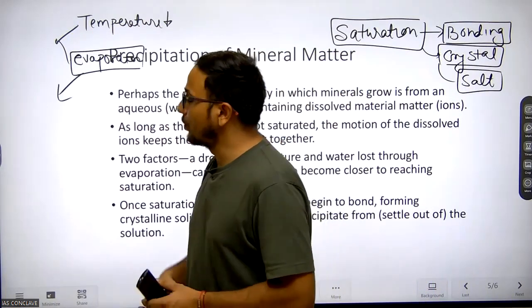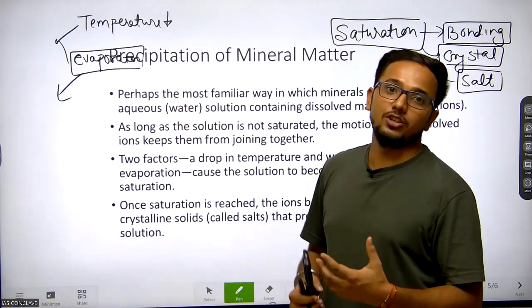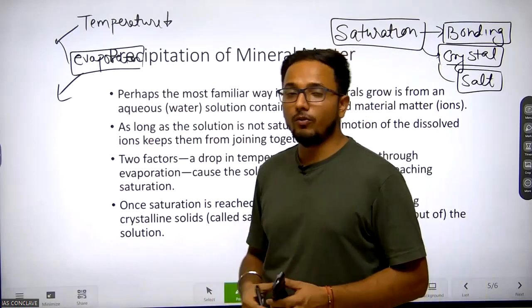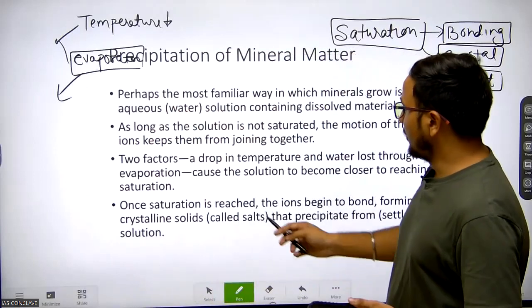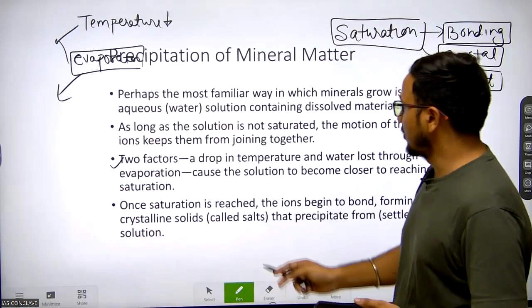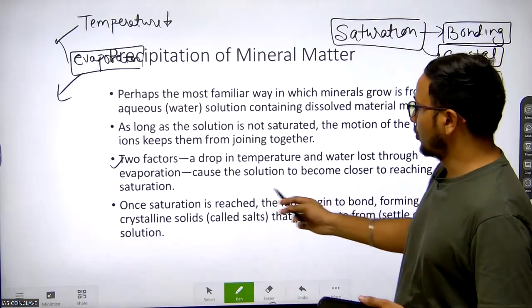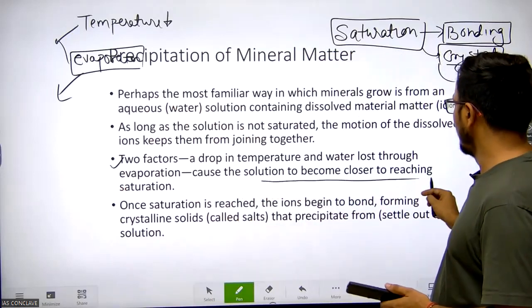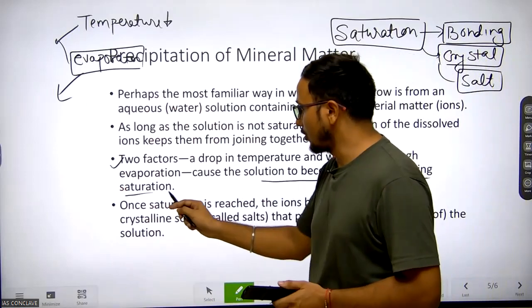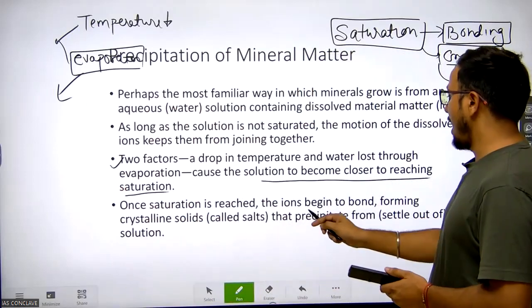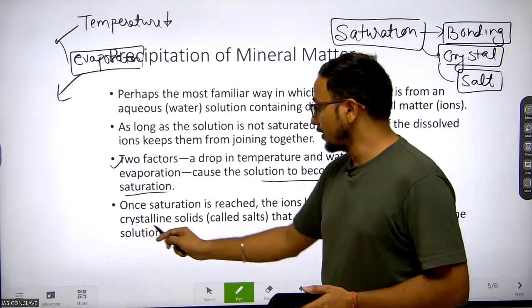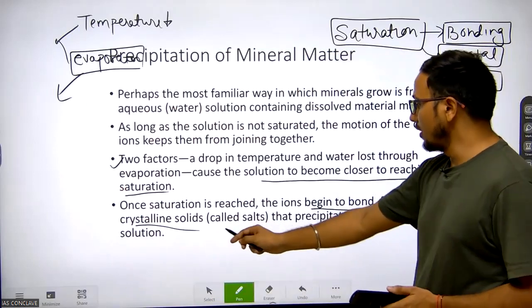This is an example of how evaporation helps in achieving saturation of water solutions. So we have covered these two factors: drop in temperature and water lost through evaporation cause the solution to come closer to saturation. Once saturation is reached, ions begin to bond, forming a crystalline solid called salt.